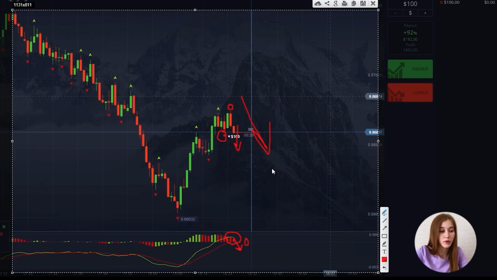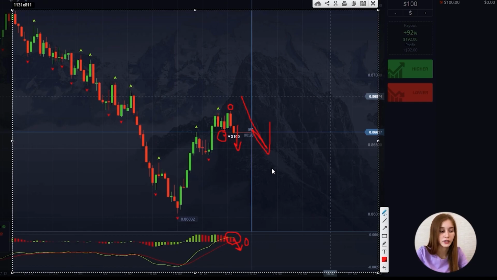Now let me tell you more about fractals. The fractals indicator was introduced by the famous trader Bill Williams. Traders often use fractals to determine the direction in which the price will develop, support and resistance levels, as well as placing a stop loss order. On a candlestick chart, this indicator looks like up and down arrows.